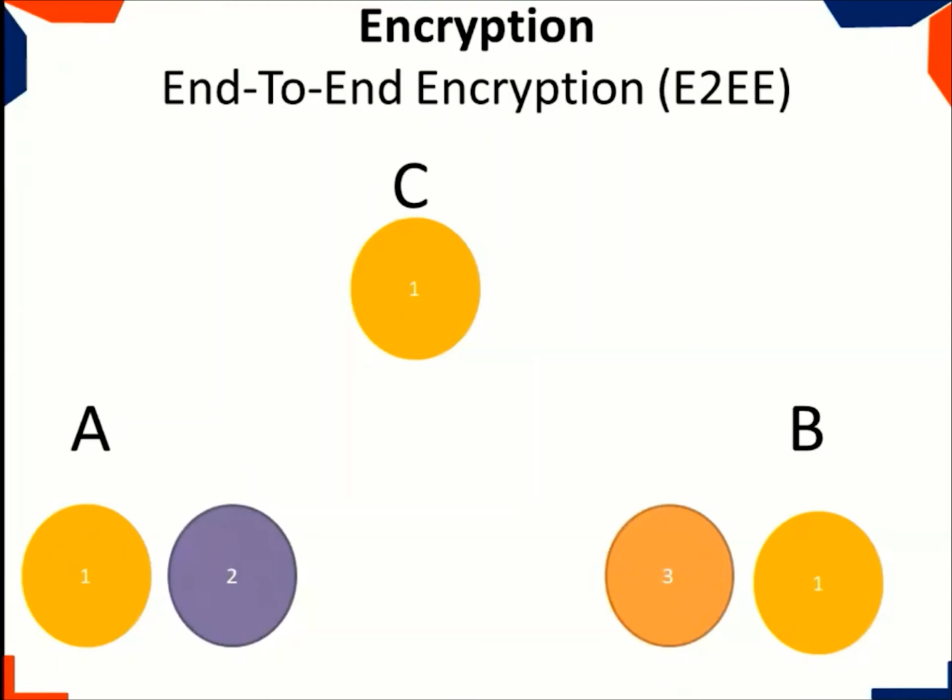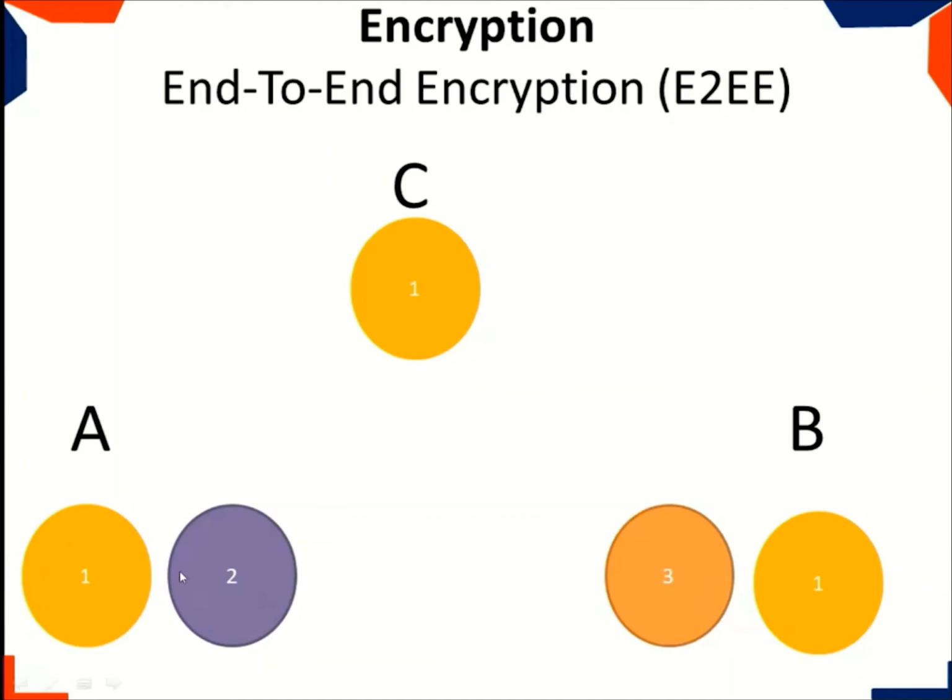Then A picks the number 2 and B picks the number 3. A does not know B's number and B does not know A's number. So C definitely would not know, because there is nothing shared.